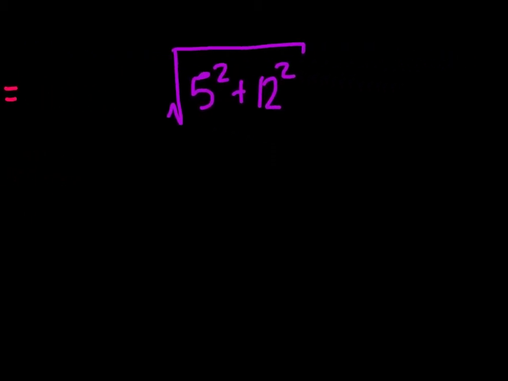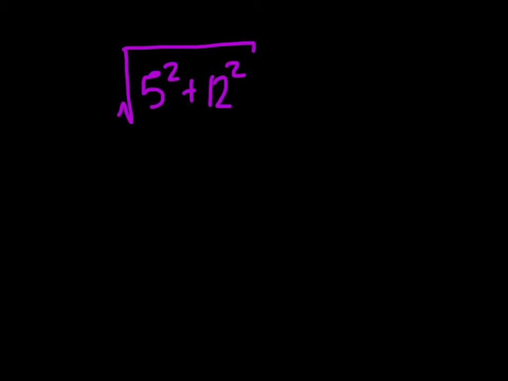Our last problem is a little bit more intense. We have the square root of 5 squared plus 12 squared. Do that math. It goes parentheses and exponents, so we need to treat the square root as our gigantic grouping symbol, which means we need to do the exponents before we do the adding.